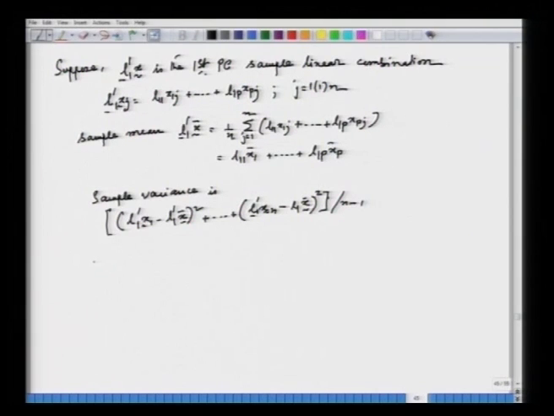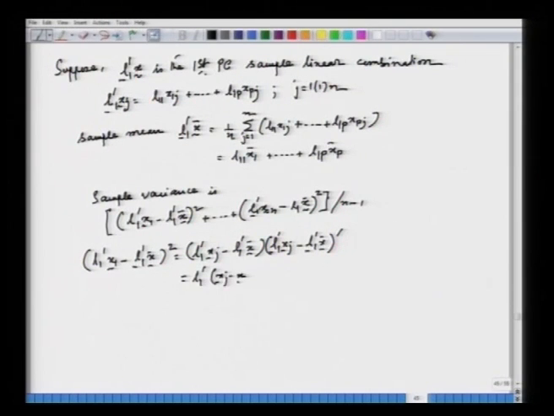Equivalently, I can express each square as L1 transpose xj minus L1 transpose x bar, times its transpose, which is L1 transpose (xj minus x bar)(xj minus x bar) transpose L1.